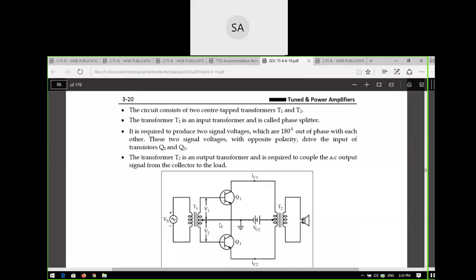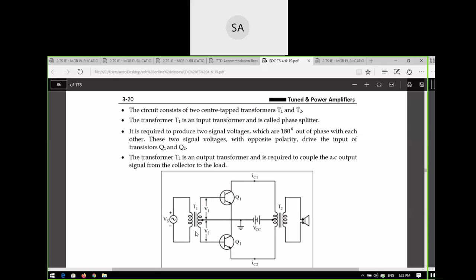Is it clear? The input signal produces two signals, V1 and V2, which are opposite to each other. V1 is given to Q1 and V2 is given to Q2. Whenever V1 is in its positive half cycle, Q1 is turned on, and V2, being opposite, is in its negative half cycle, so Q2 is off.